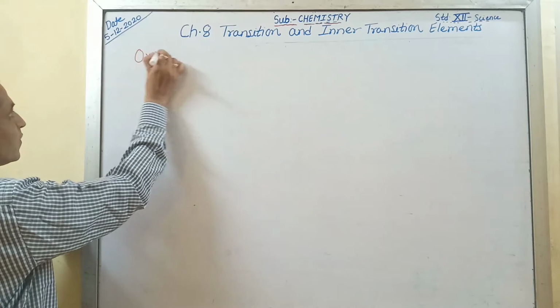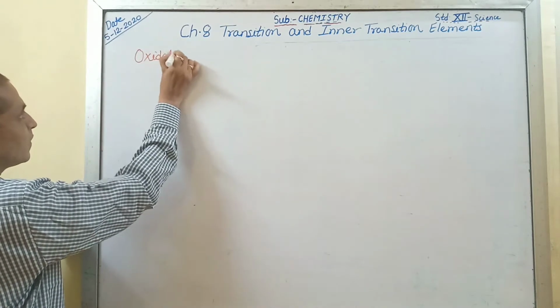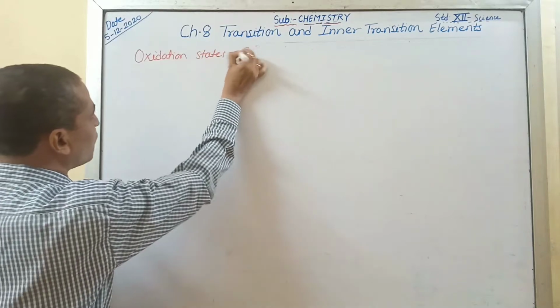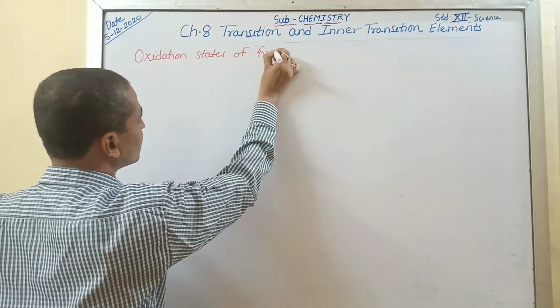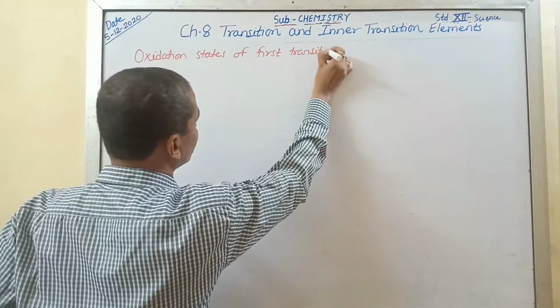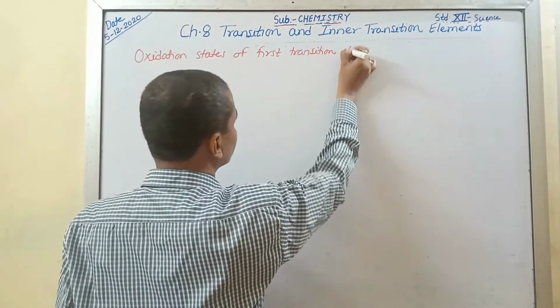Oxidation states of the first transition series, and you know that the first transition series means the 3d series.